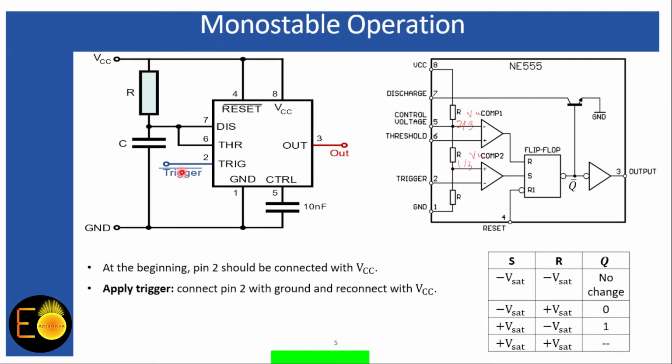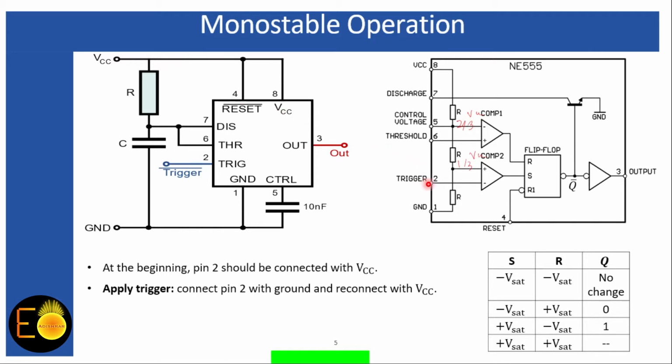So before applying the trigger, you must do some arrangement so that the signal coming from your sensor is treated as a negative edge trigger. Well, I will show you in this tutorial also how to apply the trigger. Anyway, now I'm considering that I have applied the trigger, that means I have connected with the ground and I have reconnected with the VCC. Just keep it in your mind that I have reconnected with the VCC.